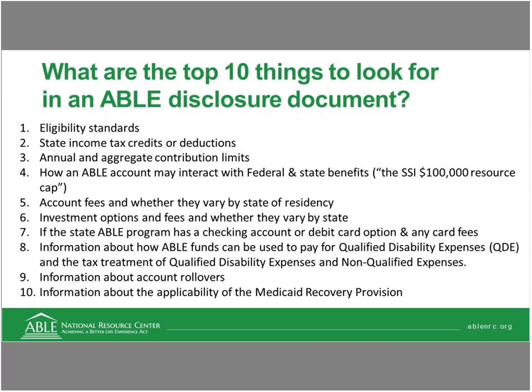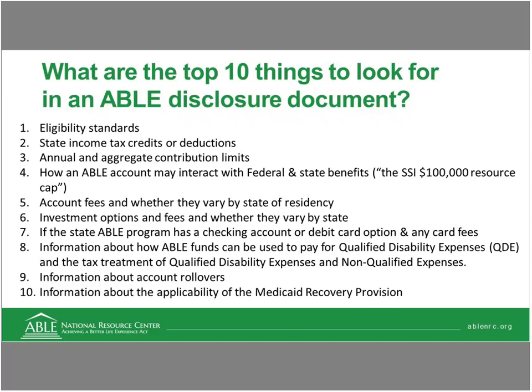with those cards, so that's a really great thing to look out for, especially if you plan to be using this ABLE account more frequently in terms of more frequent transactions. You might want to be interested in knowing more about whether or not that program offers more accessibility to those funds through something like a debit card, and the disclosure document will let you know what those are.